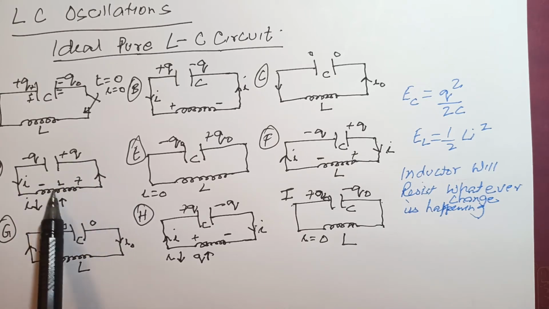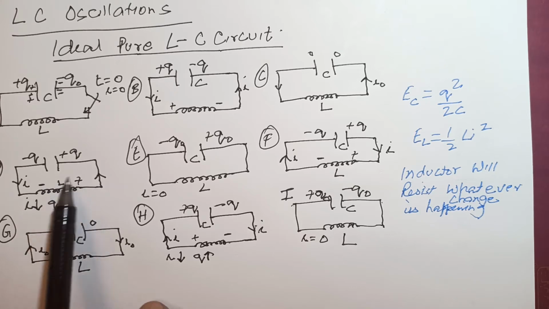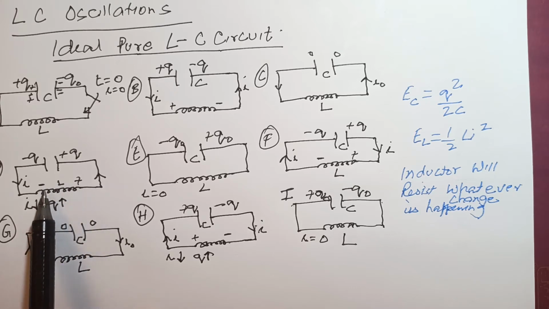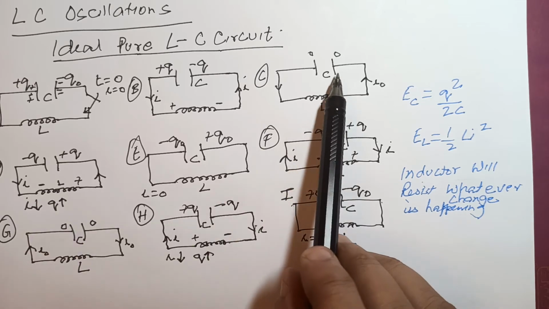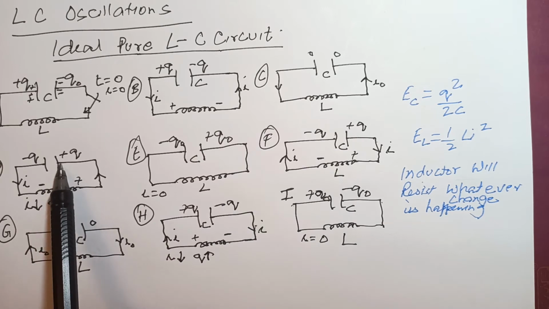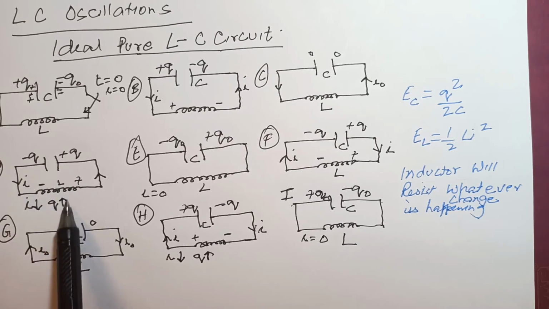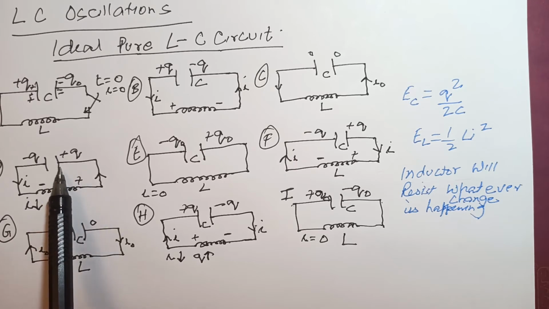Here the inductor will again oppose this change, so this time the battery symbol will be minus and plus. Current will decrease and charge will increase because everything is accumulating here. So the current gradually decreases and charge gets accumulated here.